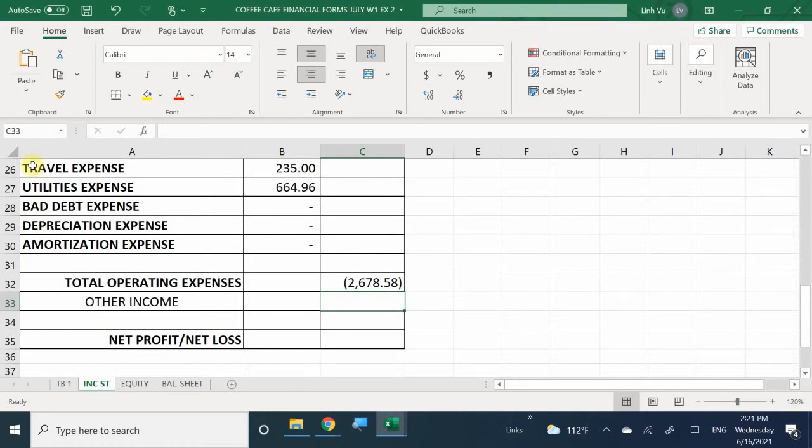All right. Anything else we need to put in here? Delivery income.